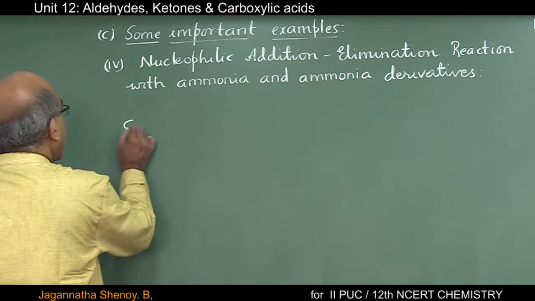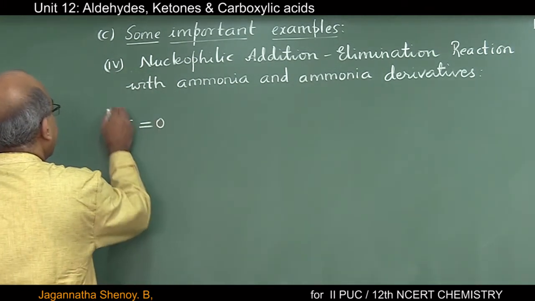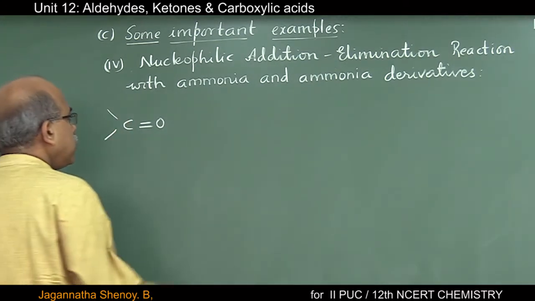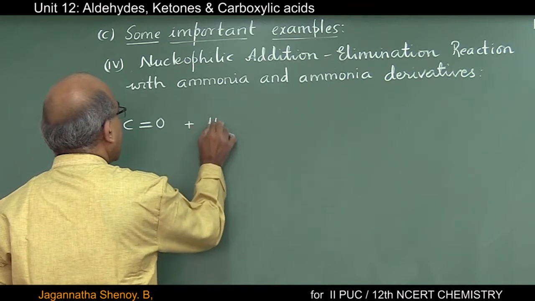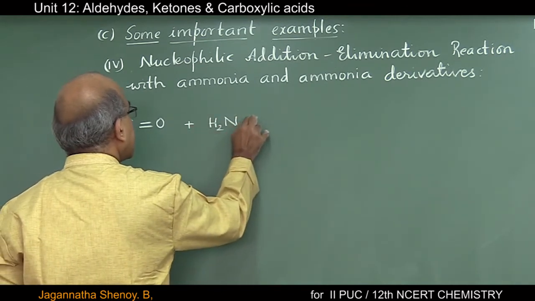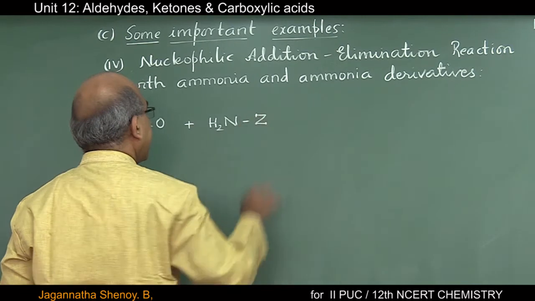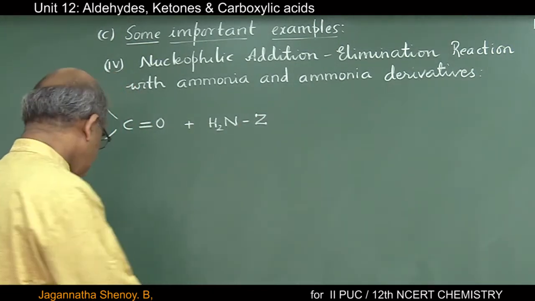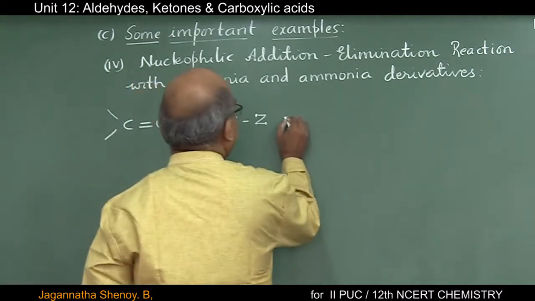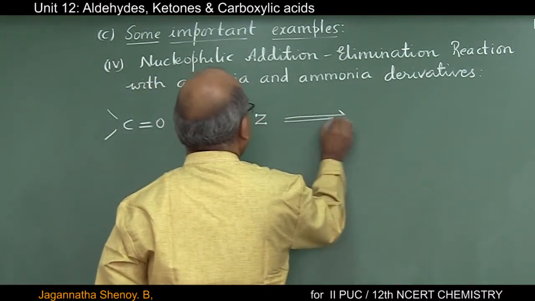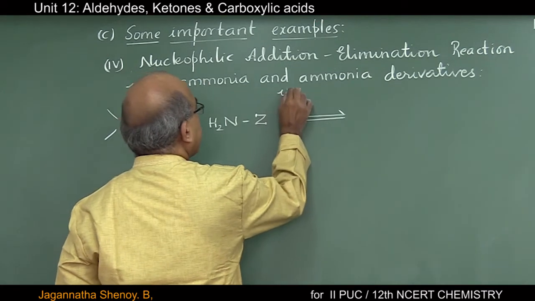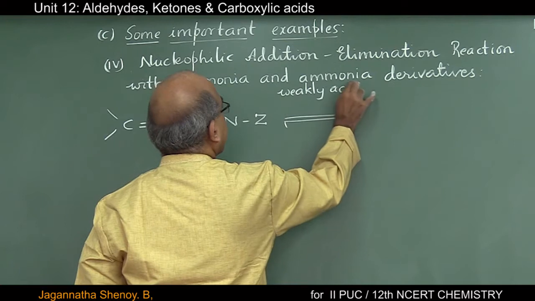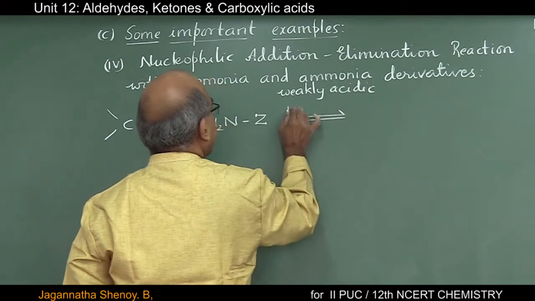I start from the carbonyl compound, C double bond O, and the ammonia derivative, which I'm going to represent as H2NZ. I can have various groups for Z, right? The reaction takes place in weakly acidic medium.